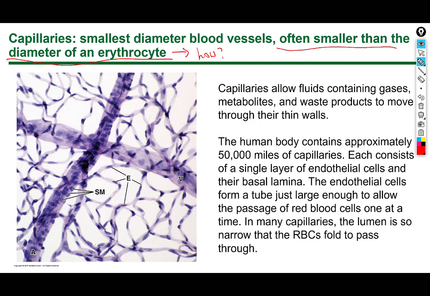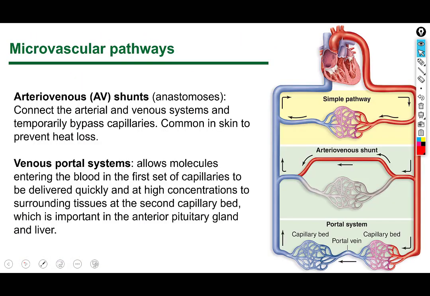Because of that, they can fold in half like a little tiny taco and squish through the tiniest capillaries in your body. So one of the reasons that your red blood cells are that shape is to perform that tacoing function, so they can squeeze through the capillaries. It's pretty cool. Also fun to imagine little tiny tacos in your blood vessels.